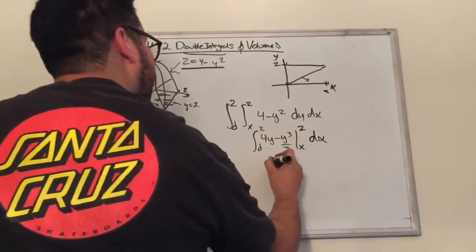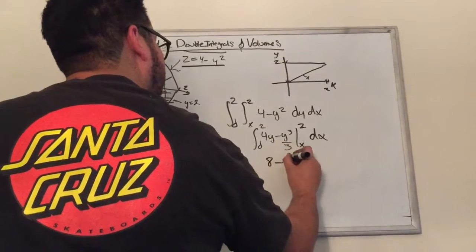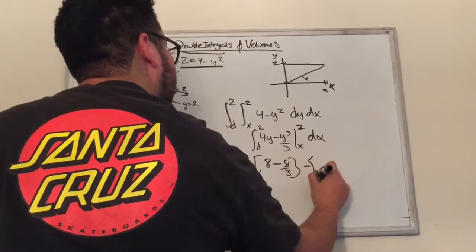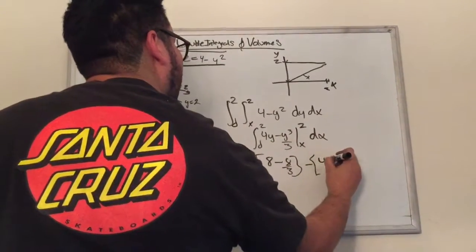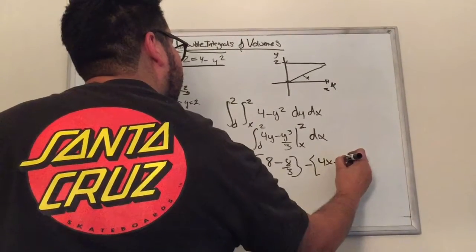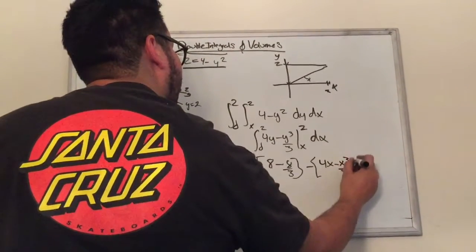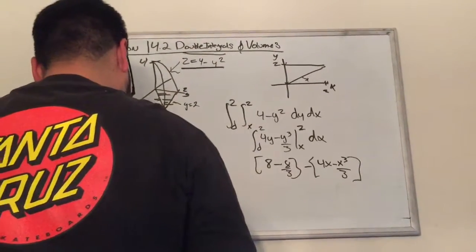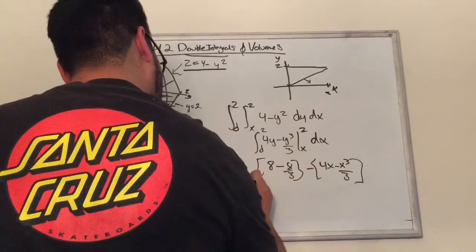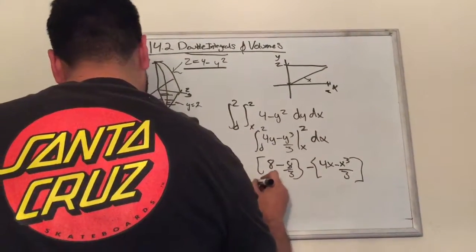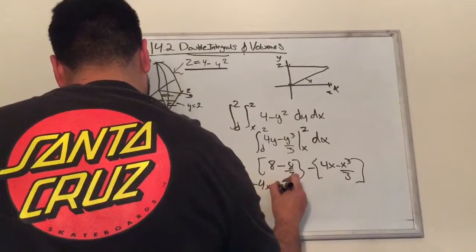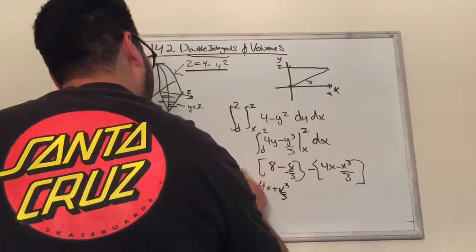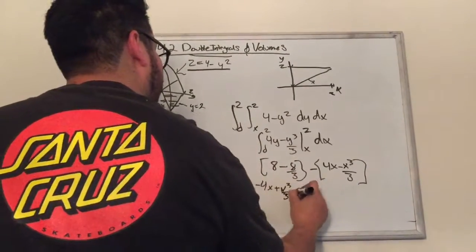And once we distribute that, then we get 8 minus 8 over 3 minus, this simplifies to 16 over 3 minus 4x plus x cubed over 3. And we still have the integral from 0 to 2 dx.